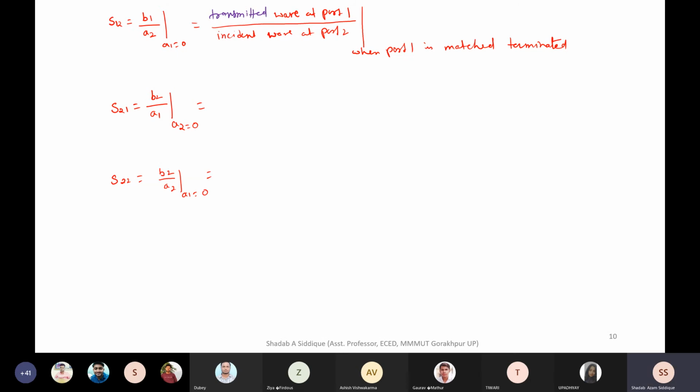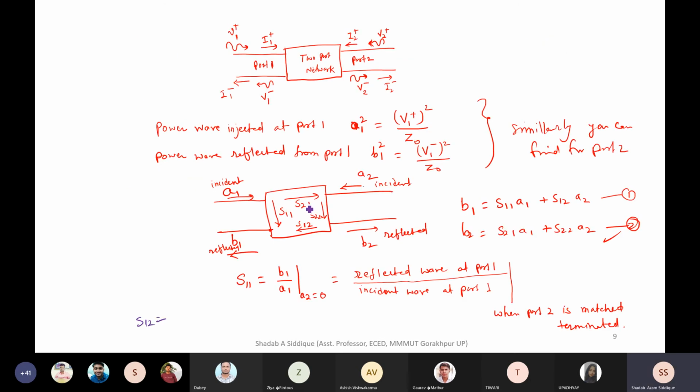Now we can have S21. If we talk about S21, at this time we have incident as A1 and B2 is going as transmitted. At this time, it is not reflected. So S21, incident A1, is going transmitted.